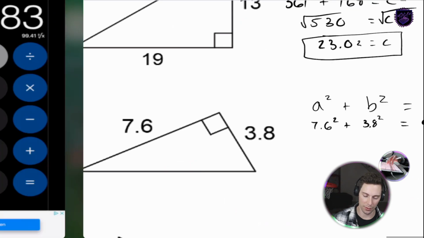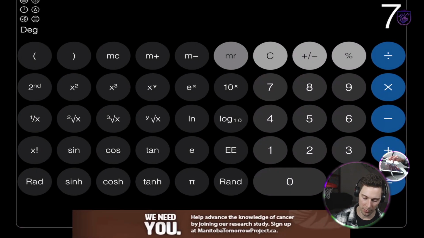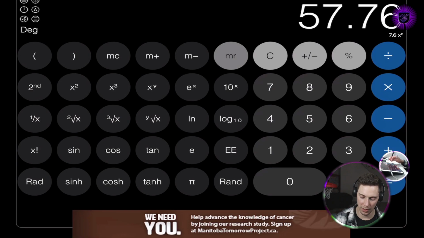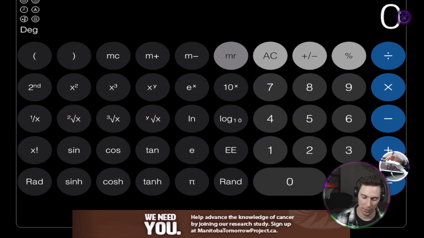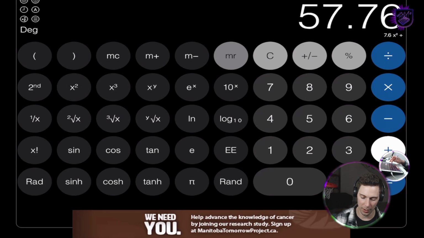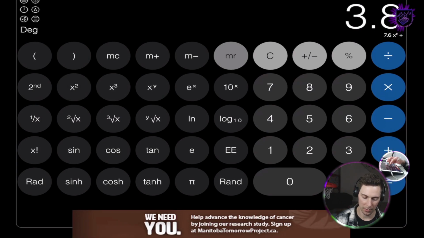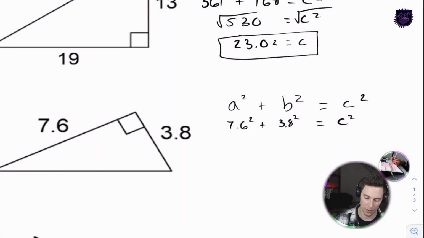I'm going to do the calculator thing. 7.6 squared plus 3.8 squared equals 72.2. 72.2 is equal to C squared.